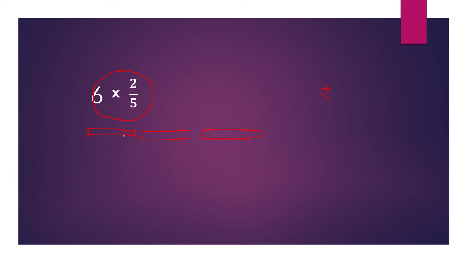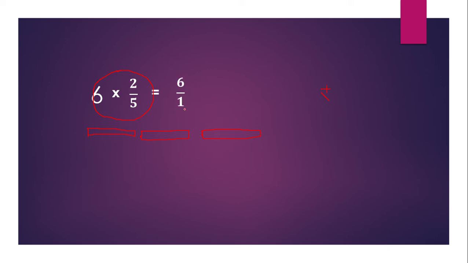And how many parts in each box? Who can tell me? Think. Yes, the denominator. This is the total number of parts. So there will be 5 parts and 2 will be colored in each of the 6 boxes. You get it? Okay. I'll be teaching you tomorrow how to do it visually.